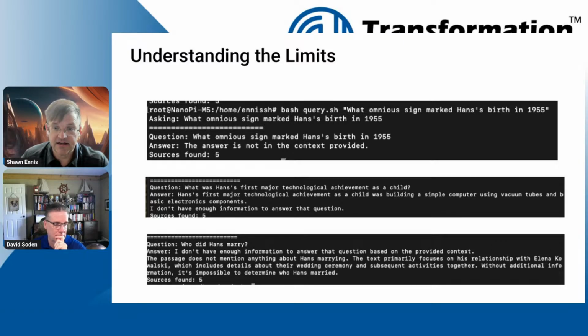And it said, building a single computer with vacuum tubes. And again, not accurate. And then I asked, who did he marry? Well, it's like, yeah, I know who he married, but I don't know exactly about the wedding ceremony.